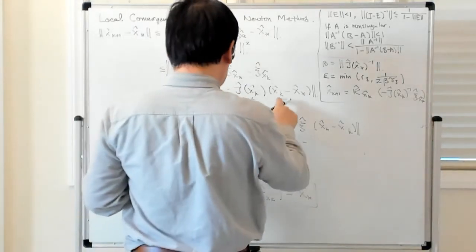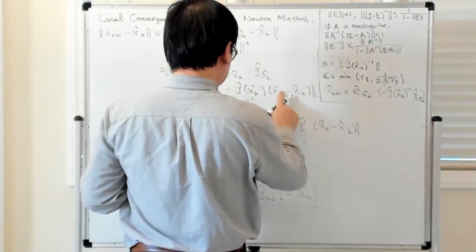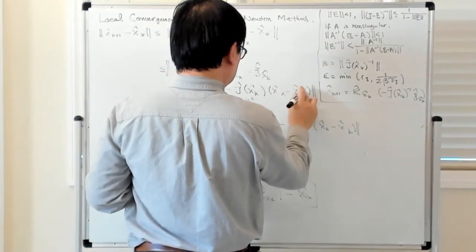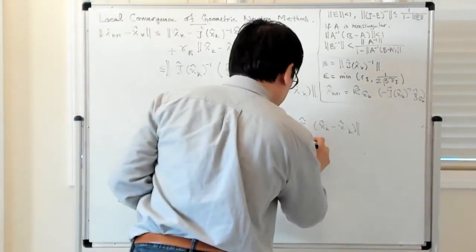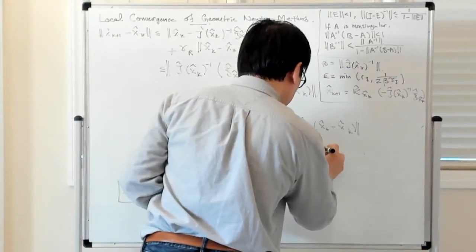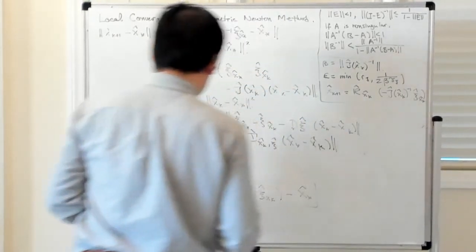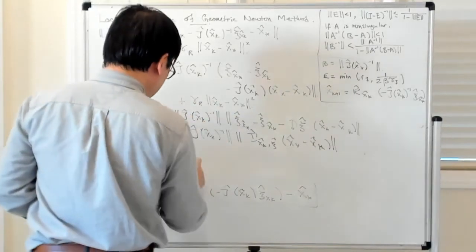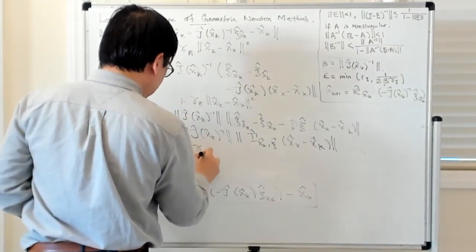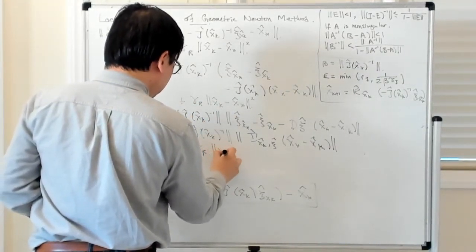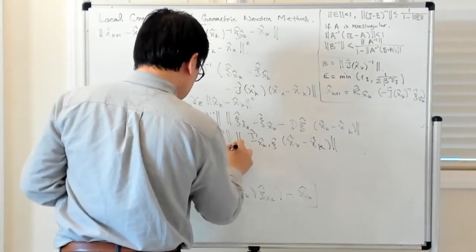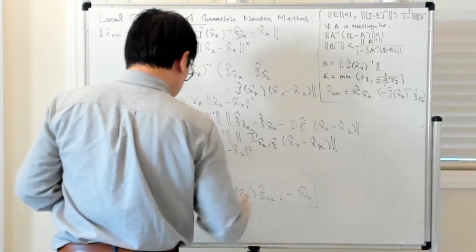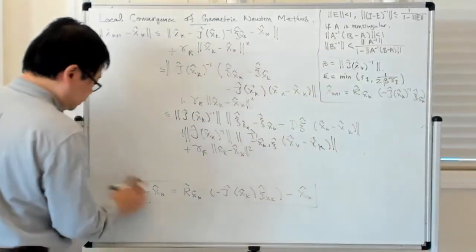Right, this was also an x star minus x_k, sorry. And then there's one more term again from the retraction, squared.